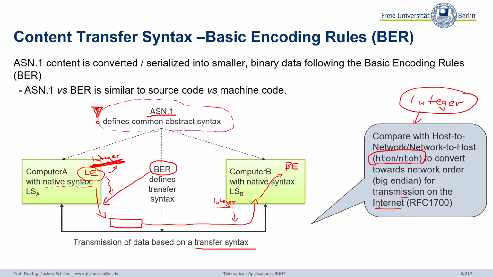Then you have a special solution for this. Host to network, network to host, solves the problem, that's it. And this is why we typically use exactly these functions, and you will find them in C in all the libraries. We've done this with socket programming and all this in the bachelor course. So, you see, this is comparable.